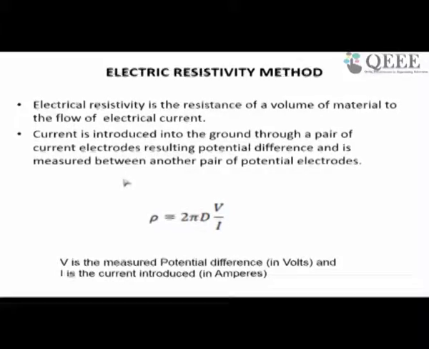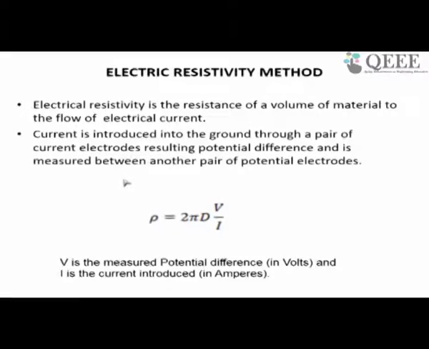The inverse of this conductivity is resistivity. Different ground will have a different resistivity against passing electrical current. So this characteristic of the ground is actually used to characterize it.